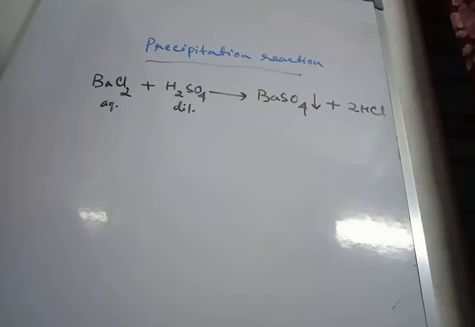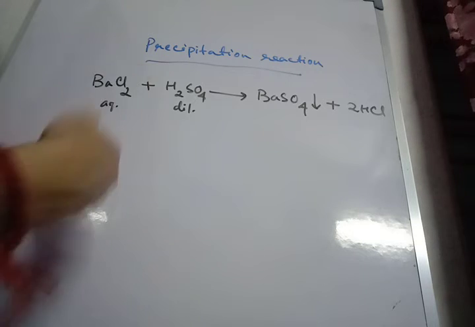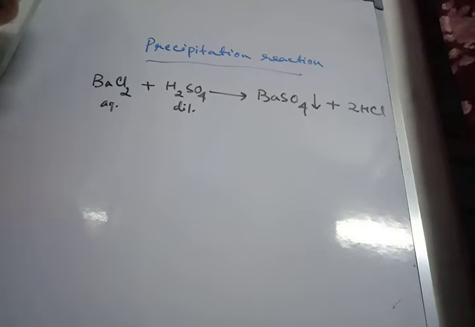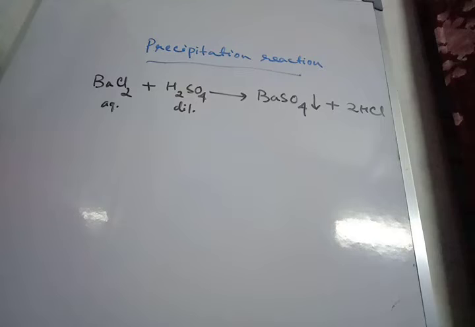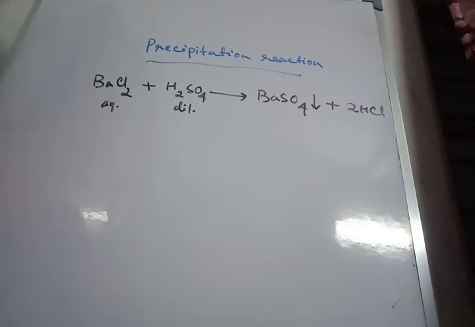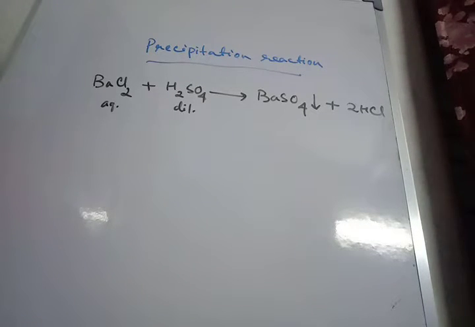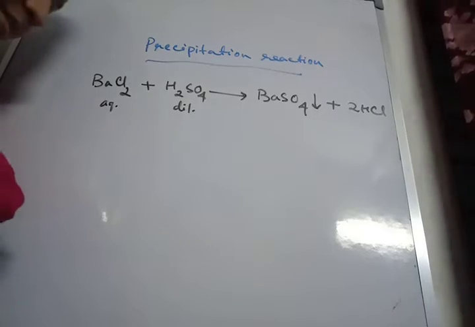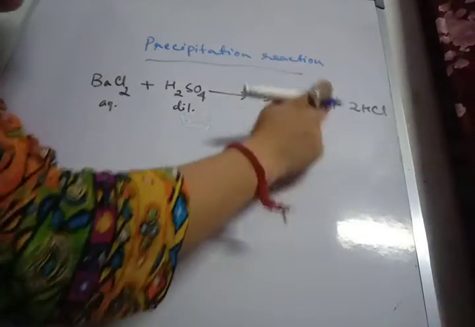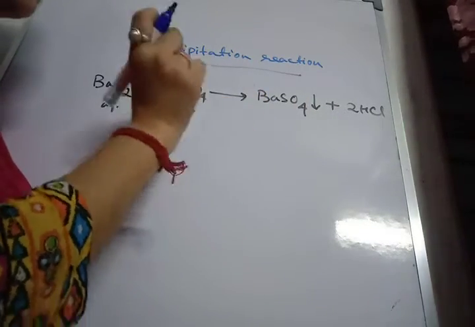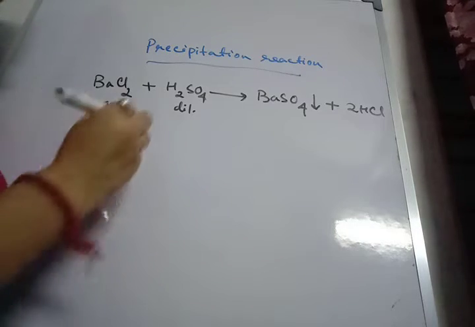Basically, in case of precipitation reaction, we have to take an aqueous solution of the salt and some dilute acid, or we have to take two aqueous solutions of salts and mix them, provided we are going to get one precipitate. Barium sulfate is a white precipitate insoluble in all mineral acids.